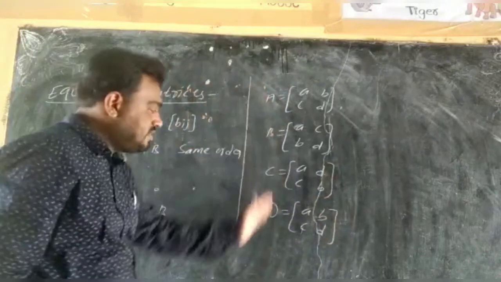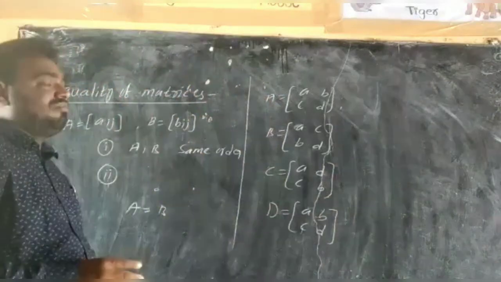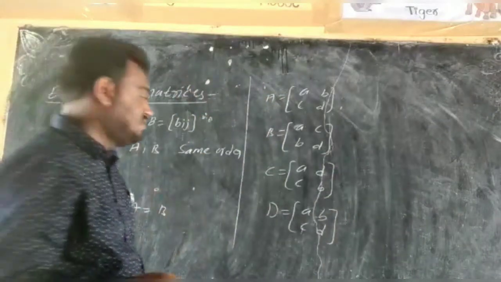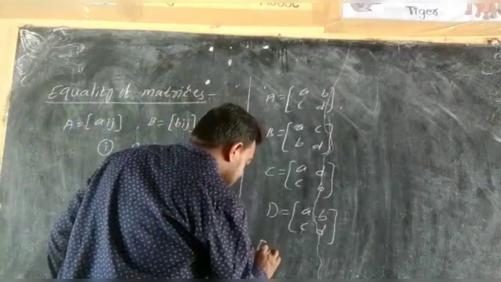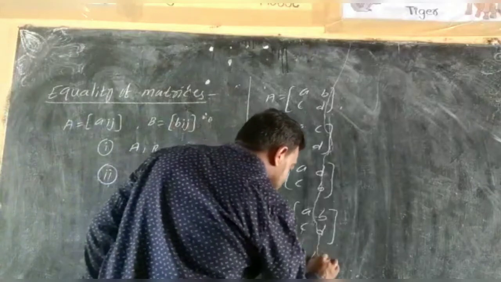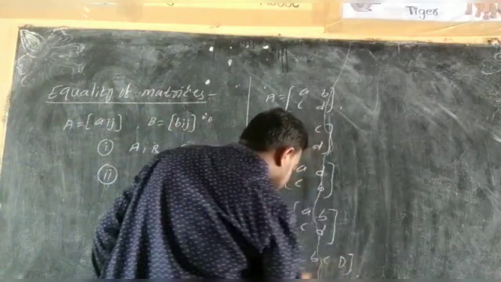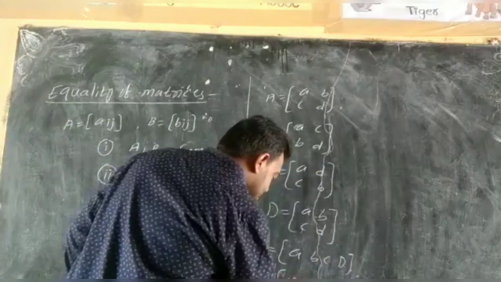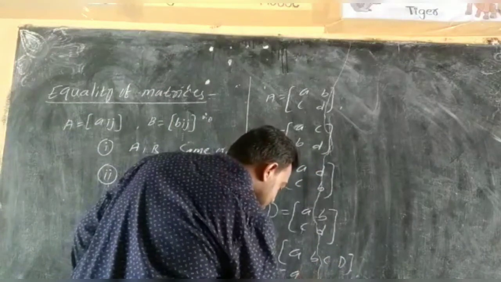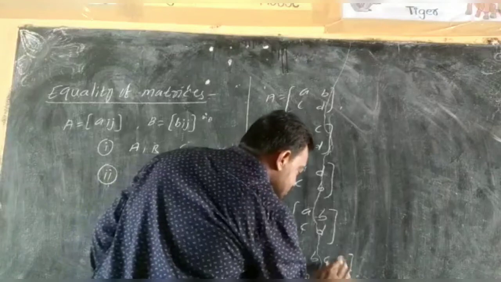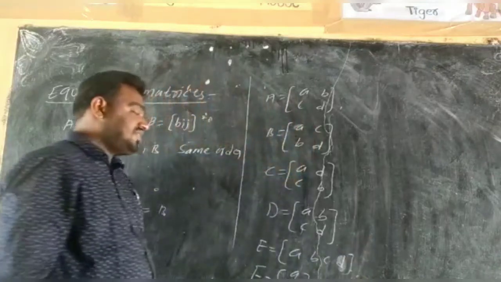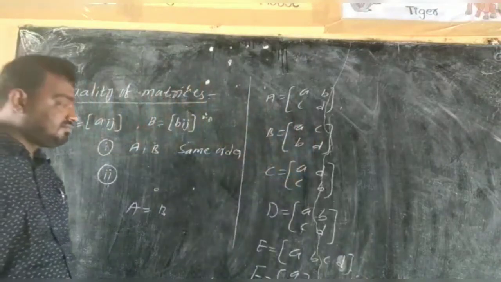So in these four matrices, which are the equal matrices? And one more, I am writing the E matrix, and the F matrix. So which are the equal matrices?